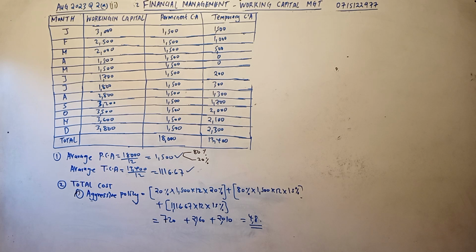So that is the definition of the working capital cycle under manufacturing business: from raw material until we pay our creditors. That's number one.